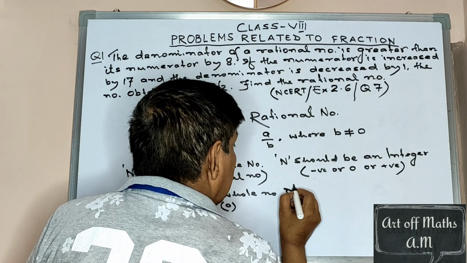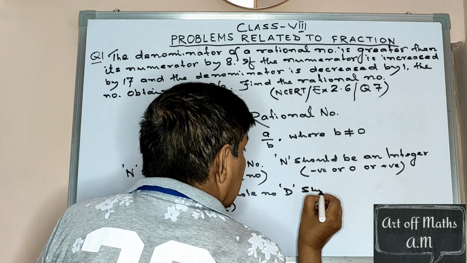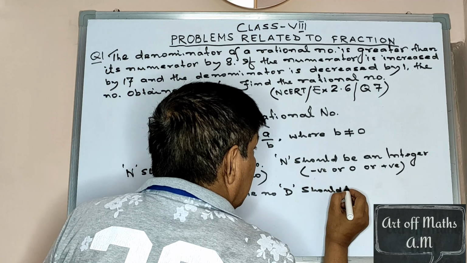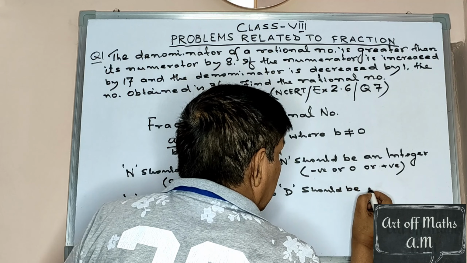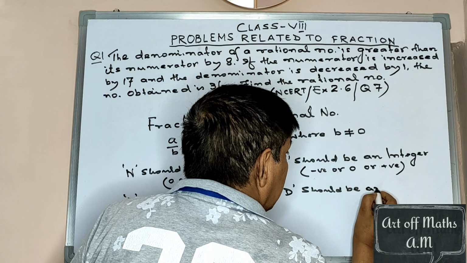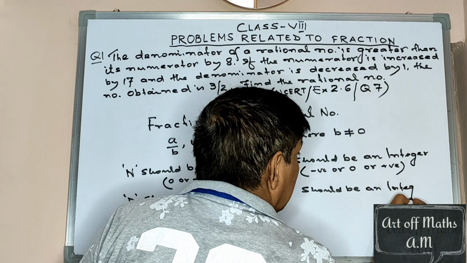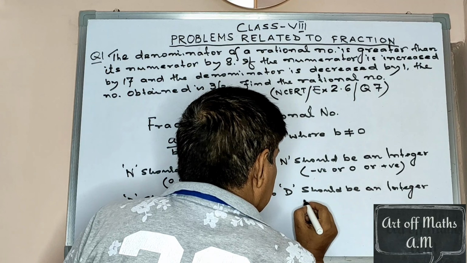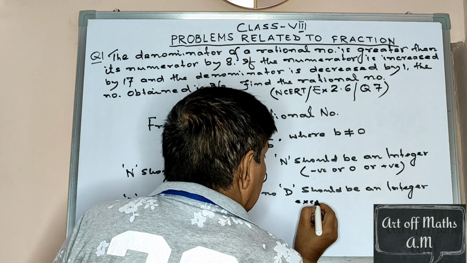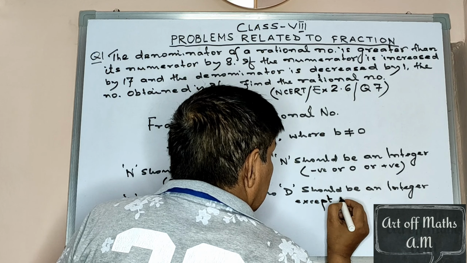In case of rational number, denominator should be an integer except 0.